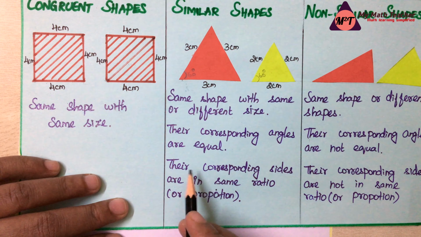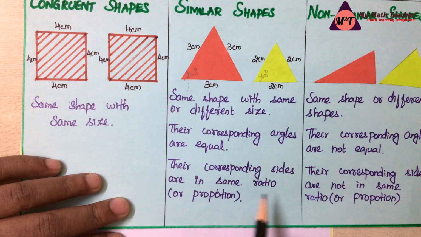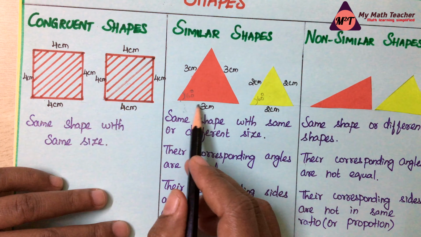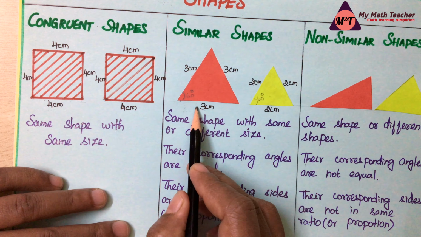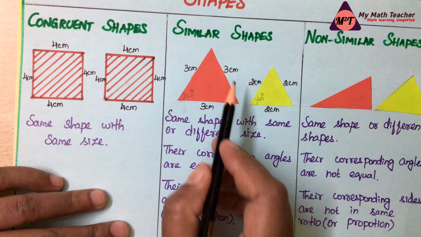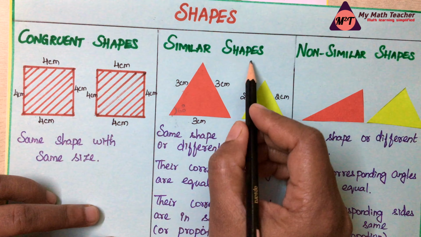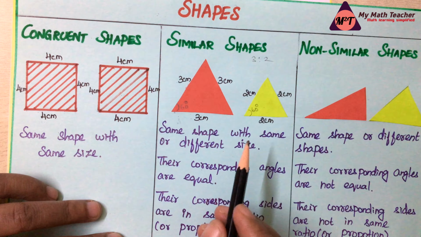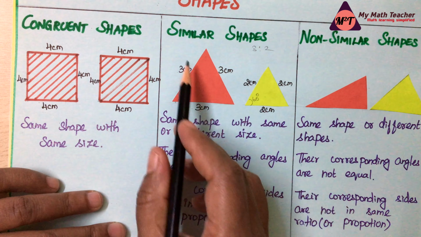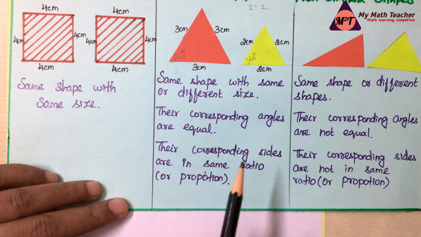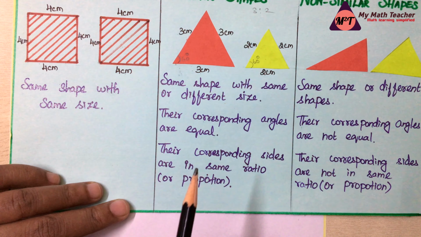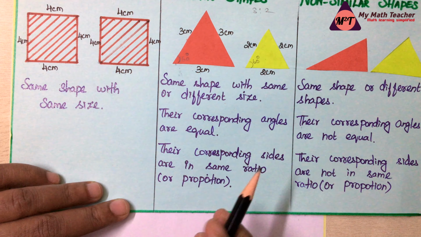Their corresponding sides are in the same ratio. For example, let us take this base 3 centimeter with 2 centimeter, the same for the next corresponding sides. So they are having this 3:2 ratio. Then they are called similar shapes. So these are the three important points you should have in mind about similar shapes.